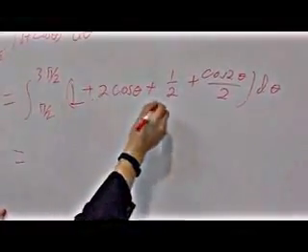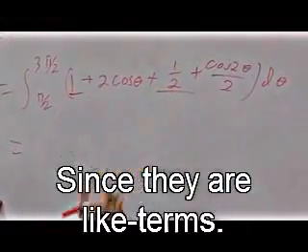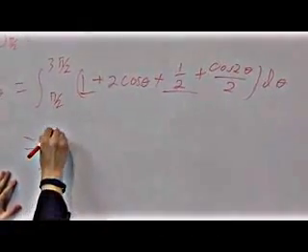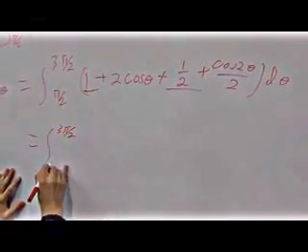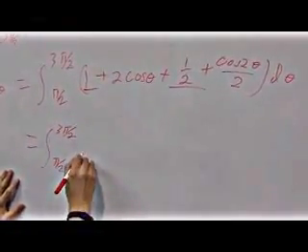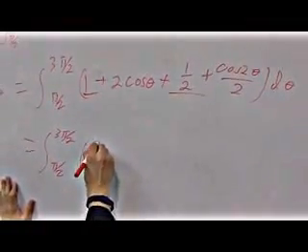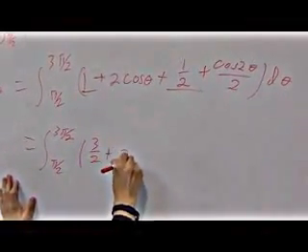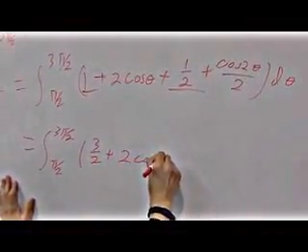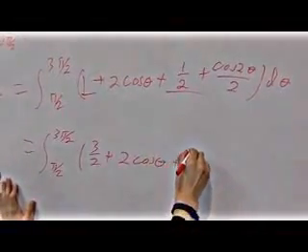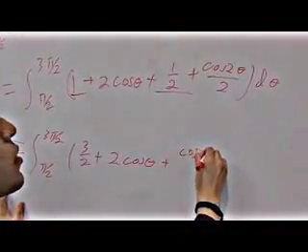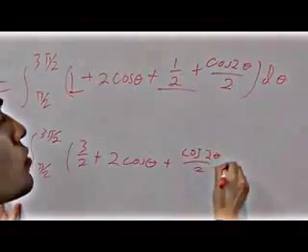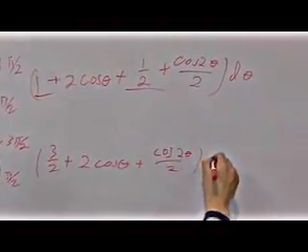And we're going to add these two together since they're common factors. It's going to be 3 over 2 plus 2 cos theta plus cos 2 theta over 2 d theta.